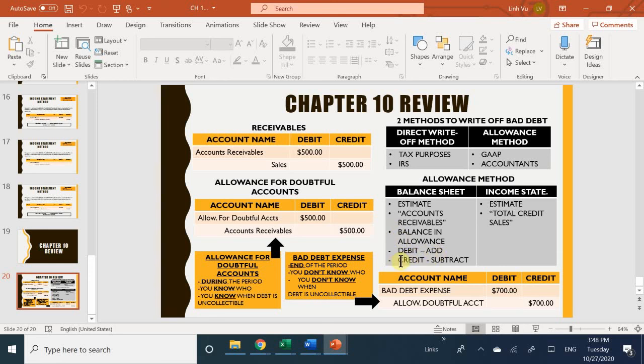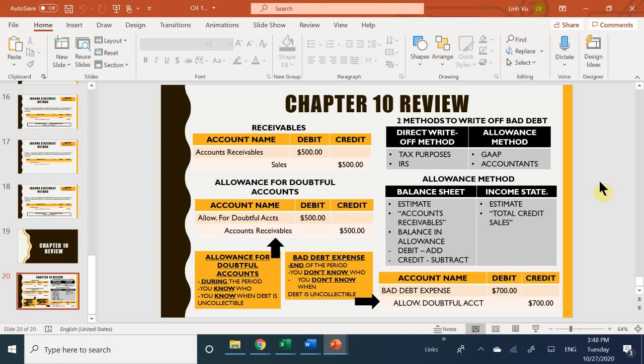If there's a credit balance in the allowance for doubtful accounts, you're going to subtract. And then with the income statement, you just recognize the estimated amount and the total credit sales, and that's all you care about. You don't care about adding or anything. It's just whatever it is. Down here gives you an example of how to journalize that.